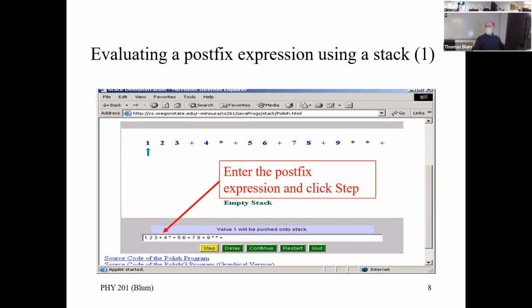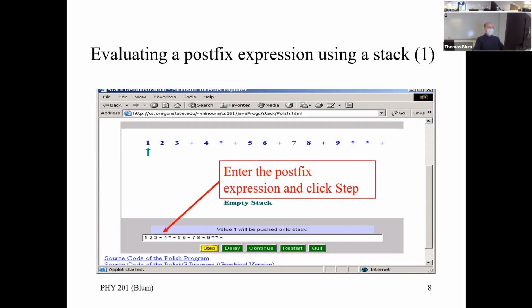Okay. We can use this stack pointer to perform what's known as a postfix calculation. And so here is a postfix calculation, and I'm going to show the stack performing this operation.